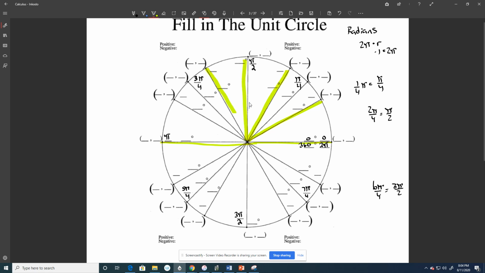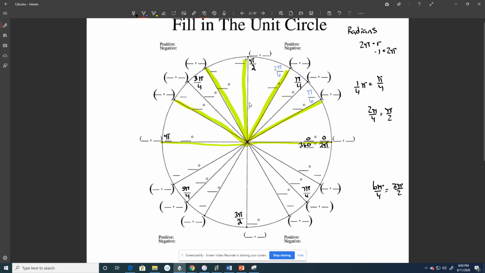So I'm going to take this pi distance and break it up into 6 equal distances. So what that means is the first section right here, the first one I come to, is a 1/6 of the way around. So that is just pi sixths. My next 1/6 is right here, and that becomes my 2 pi sixths.